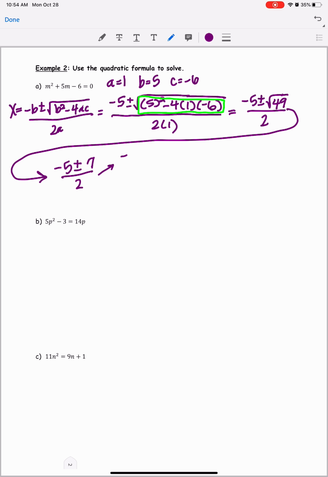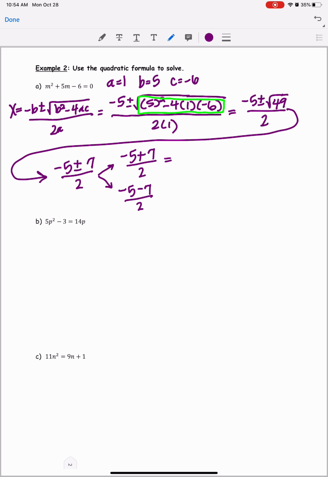My first one is going to be -5 plus 7 all over 2. My second one is going to be -5 minus 7 all over 2. The only thing I'm changing the sign on is right here where that plus or minus is. This -5 is negative on both of my 2 solutions.